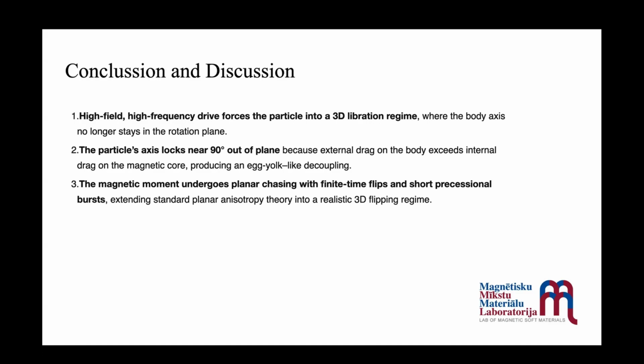And moreover, we create a real-time experimental simulation for axial particles, and show that it aligns with the classical theory, as well as lets us examine regimes that are not really available at the nanoscale.